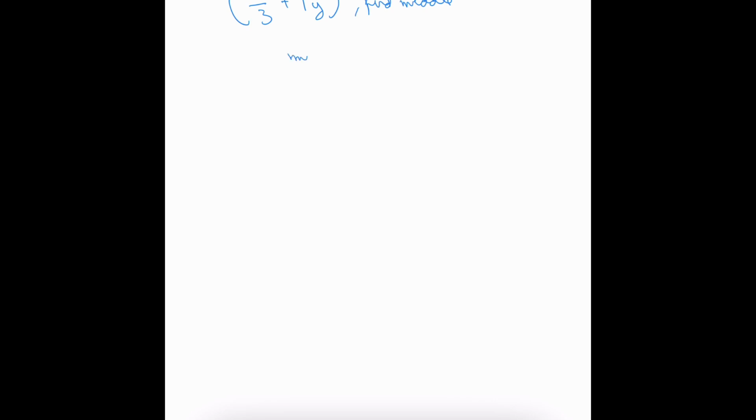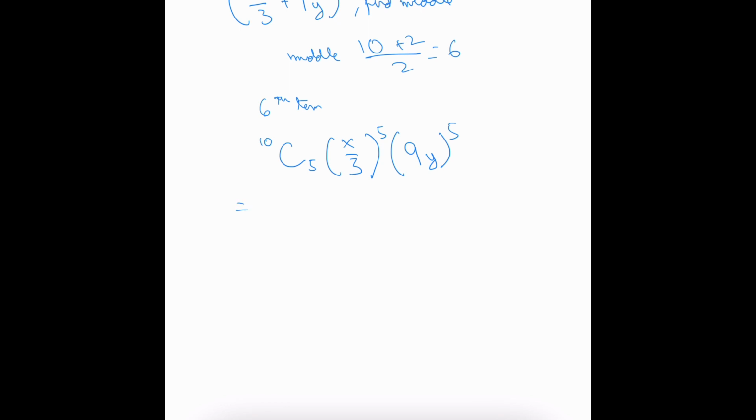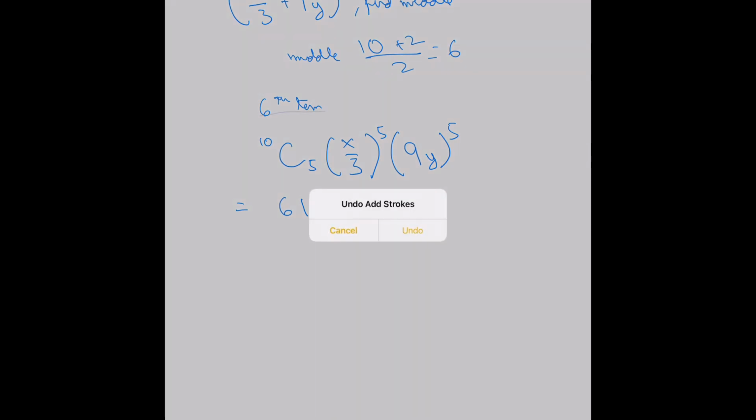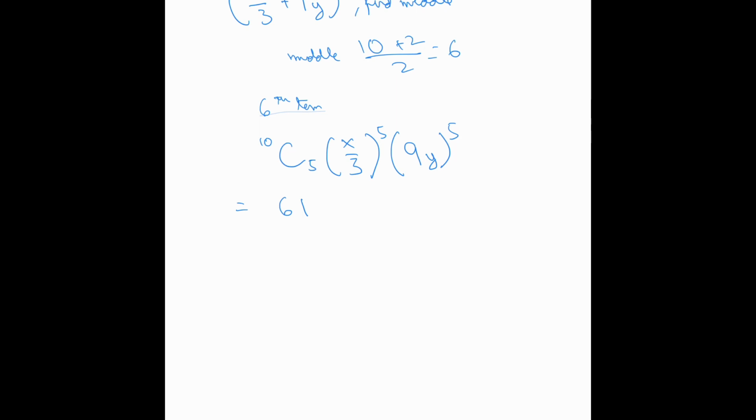The middle term would be (10 plus 2) upon 2, and this is 6. So the sixth term will be the middle term. The sixth term in this case would be 10C5 (x upon 3) to power 5 and (9y) to power 5. If you evaluate, this will come out to be 61,236 x to power 5 and y to power 5.